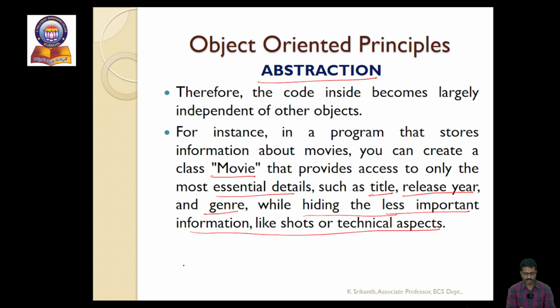And this abstraction can be achieved in Java by using two concepts. One is abstract class. Using abstract class we can achieve from 1 to 100% abstraction, right? And we have interfaces. Interfaces give 100% abstraction, pure 100% abstraction, right?